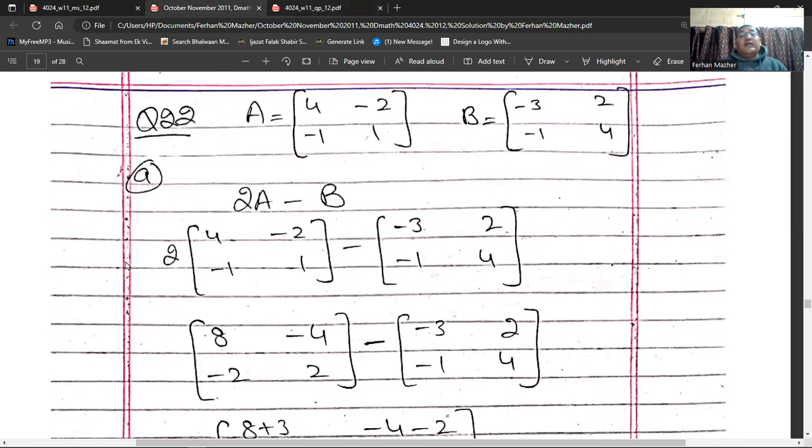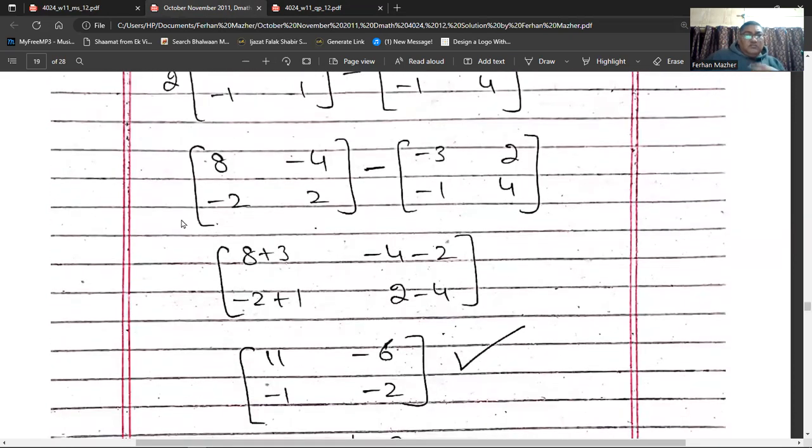So 2 and matrix A is 4, minus 2, minus 1, 1, minus B, which is minus 3, 2, minus 1, 4. So when this 2 will multiply with all the members in this matrix, you will have 8, minus 4, minus 2, 2, minus the matrix minus 3, 2, minus 1, 4.